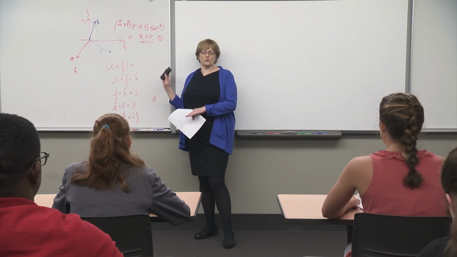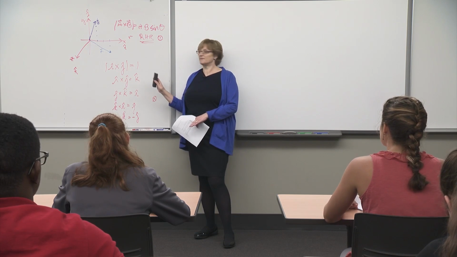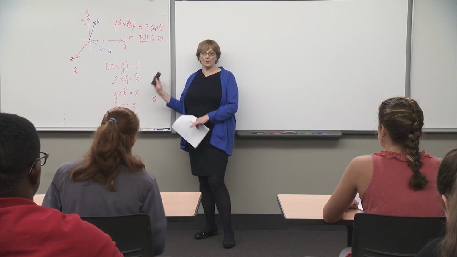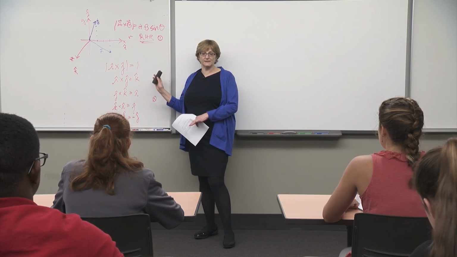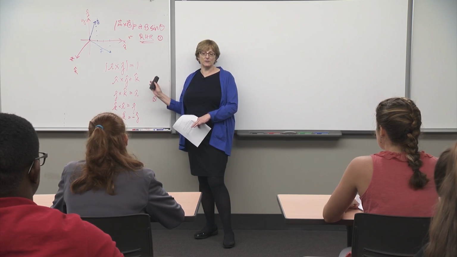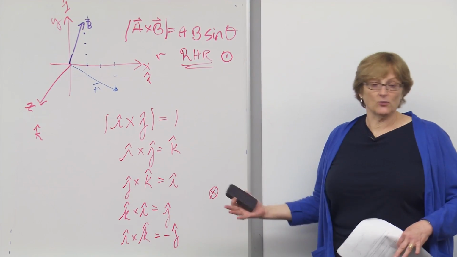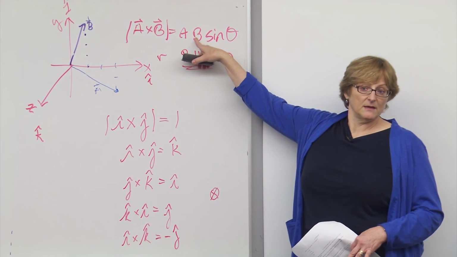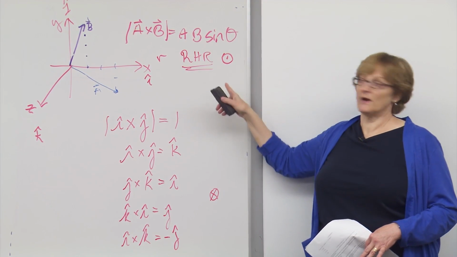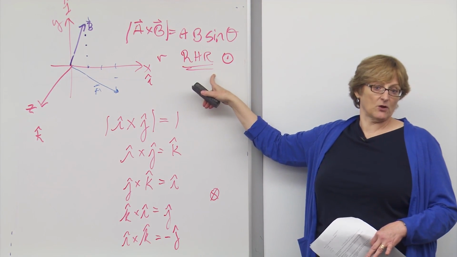Last thing we're going to do is show how we do a cross product in the presence of components. If we know the x, y, and z components of two vectors, how can we do a cross product? You can get the cross product if you know the lengths and the angle between them, and you use the right-hand rule. So that's one way to get the cross product.